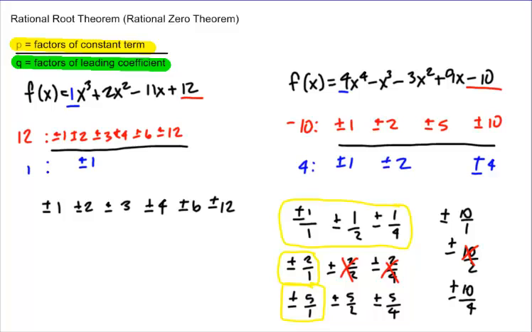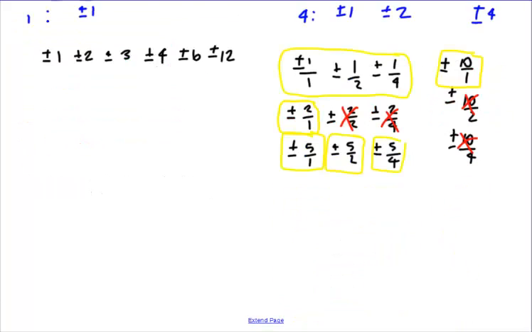Anything that reduces to 5/2 we don't need, so we can get rid of this guy. And anything that reduces to 5/4 we don't need. And then anything that reduces to 10. So all of my possible rational roots for this problem then become plus or minus 1, plus or minus 1/2, plus or minus 1/4. It should be 1/4, not 4.